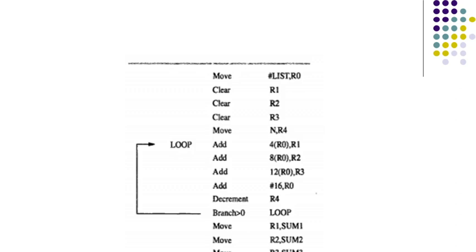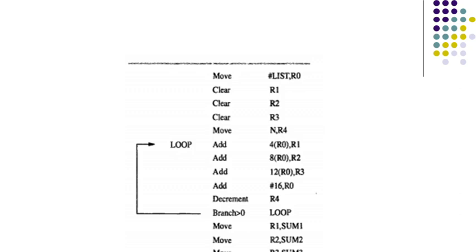These scores are accessed using the index register modes, that is 4 of R0, 8 of R0 and 12 of R0. You can see the locations, that is LIST plus 4, LIST plus 8, LIST plus 12. This is how we are going to add the offset. The index register R0 is then incremented by 16 to point to the location of the second student.